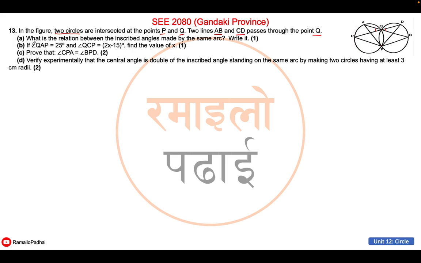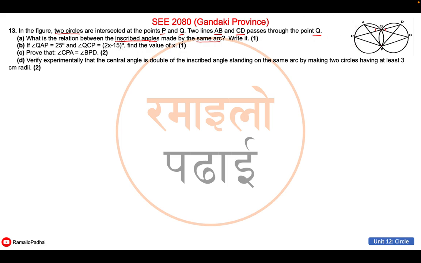Now in A, what is the relationship between the inscribed angles made by the same arc? It will be the same. In B, if angle QAP is 25 degrees and angle QCP is 2x minus 15, find the value of x.